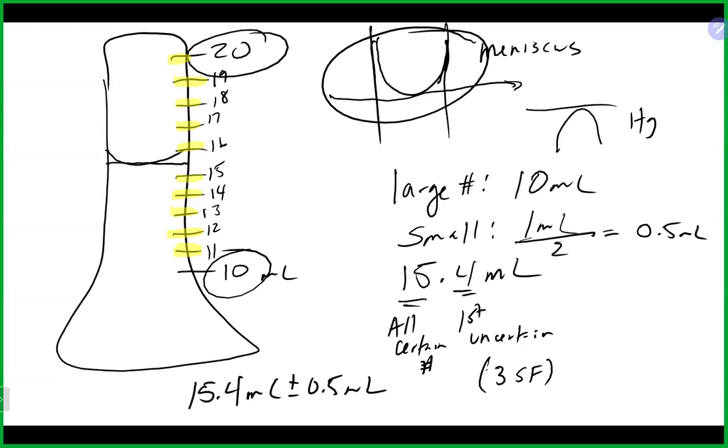Now, in most cases, you can take the reading one more place to the right of the smallest marking. In this particular one, the smallest marking is 1 milliliter, so we could take the reading one more place to the right, which is the first decimal place.